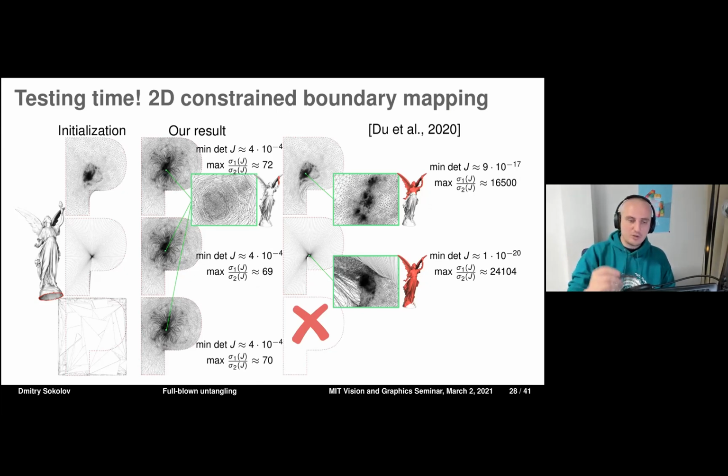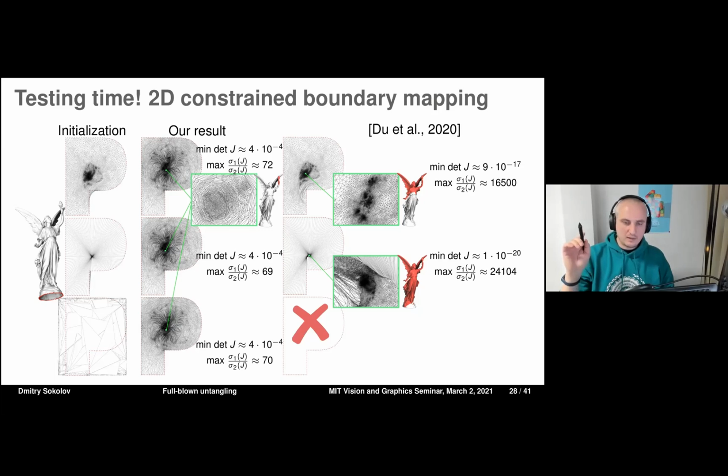The Lucy mesh is mapped to a P-shaped domain by constraining the vertices shown in red. So we constrain the boundary. This test is basically to show that our method produces the same results on three very different initializations. Whether the initialization is random, degenerate to one point, or produced by a Laplacian smoothing, we have the same result, up to numerical precision.